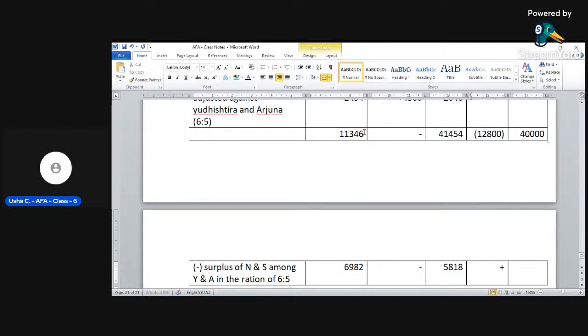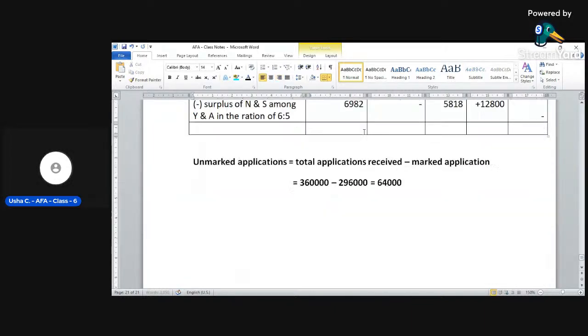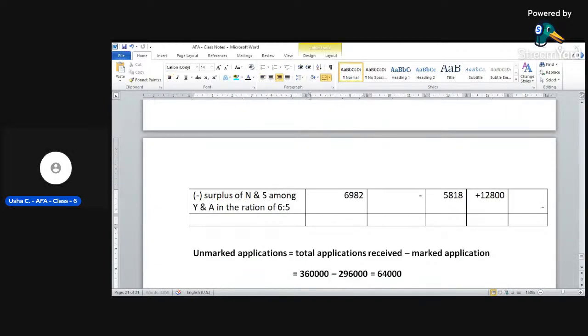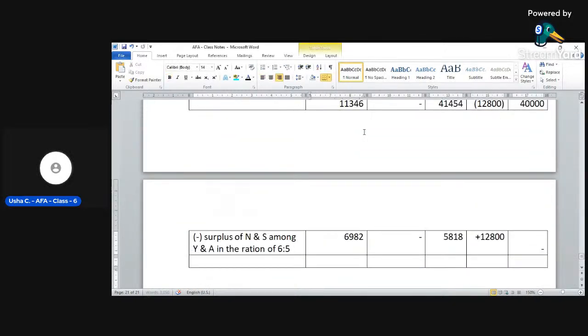Now take the difference. Here plus 12,800, the same amount we are adjusting, and the total is nil. What differences did we get? 11,346 minus 6,982 is how much?